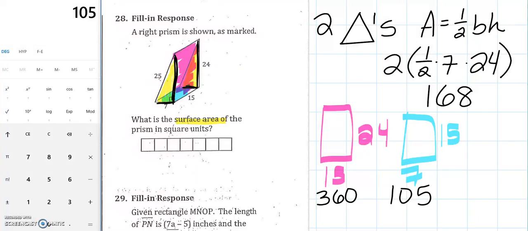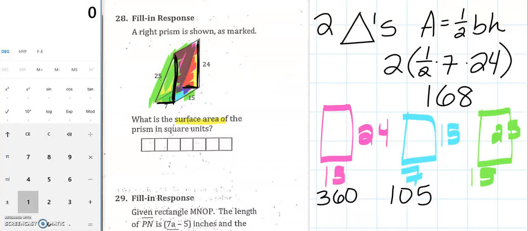And then the last side that I need to solve for is the slanted one. Now that one's a little tricky. So for that one that's slanted, the dimensions are, for the bottom, your 15. But then for the height, that's the 25. That's the slanted portion's height. So it's 15 by 25.